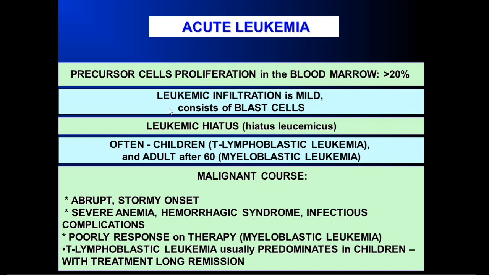Okay, move on. Lymphoblastic leukemia. This is classical for children. Usually the age is less than 15 years. Oppositely, myeloblastic leukemia also could be in children, but it also affects adults around 60 years old.